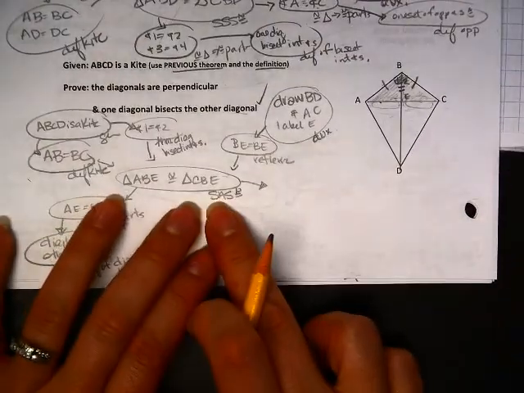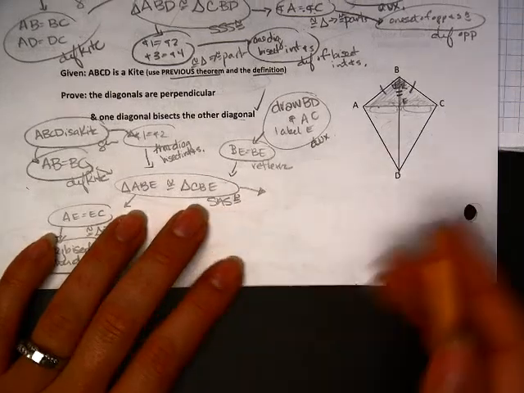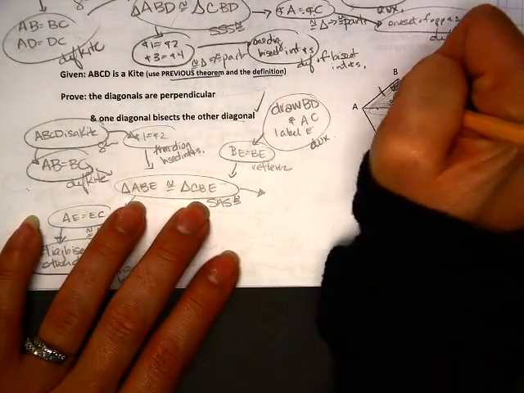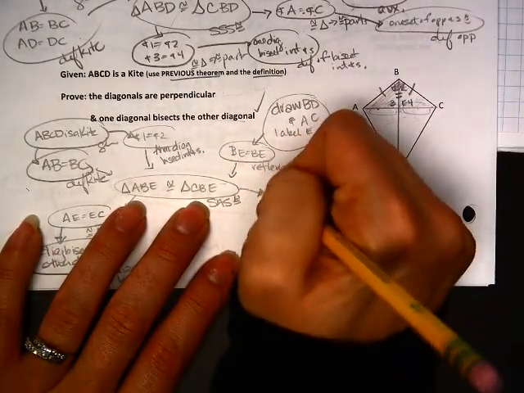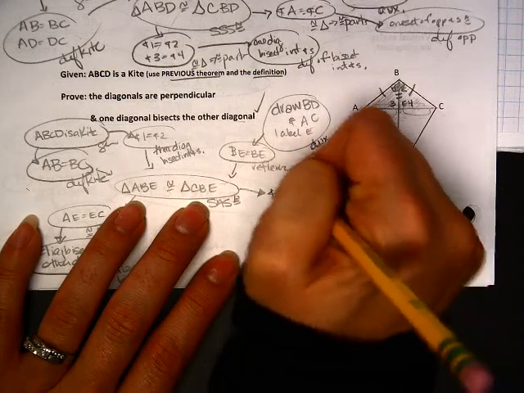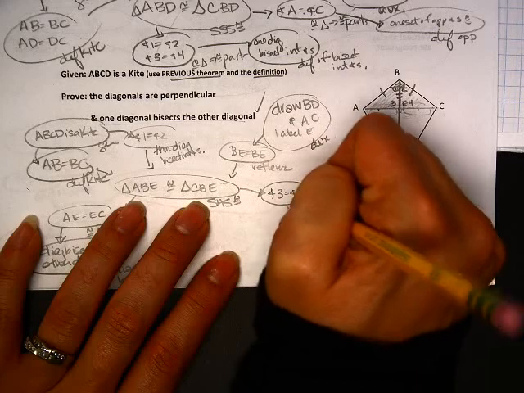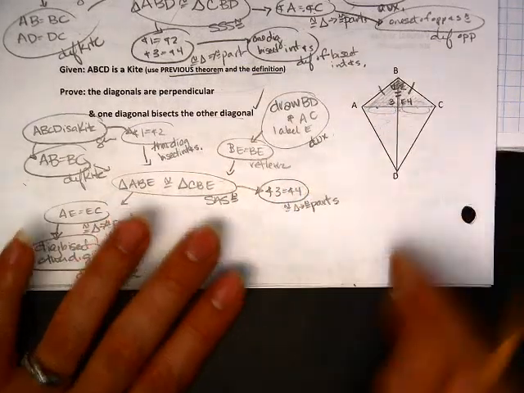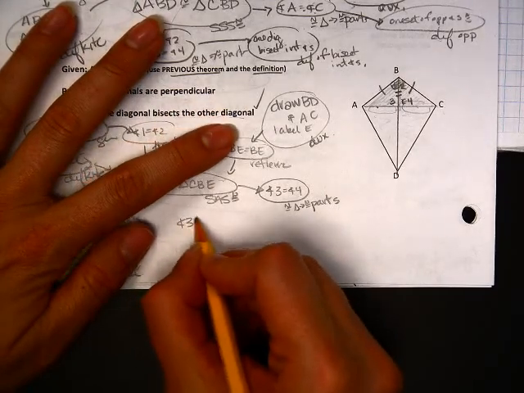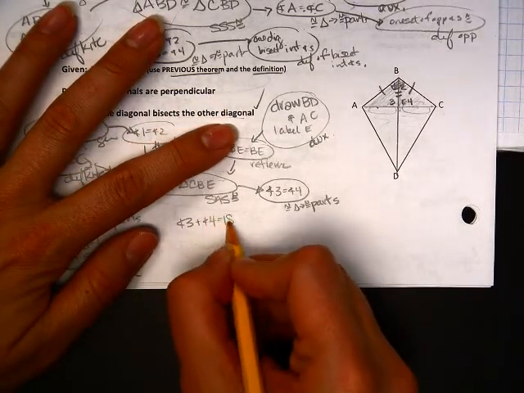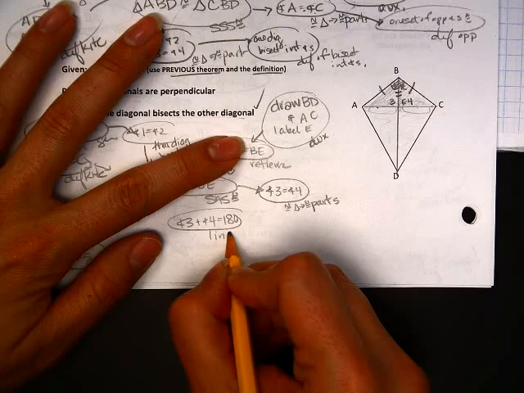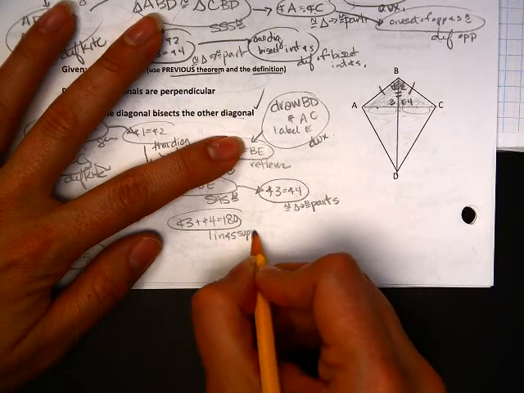The only thing you can get from congruent triangles is congruent parts, and the parts that we have, we'll go ahead and put a 3 and a 4 here. Now, I know that those are equal to each other, but not only are they equal to each other, they are linear angles, and linear angles are supplementary.